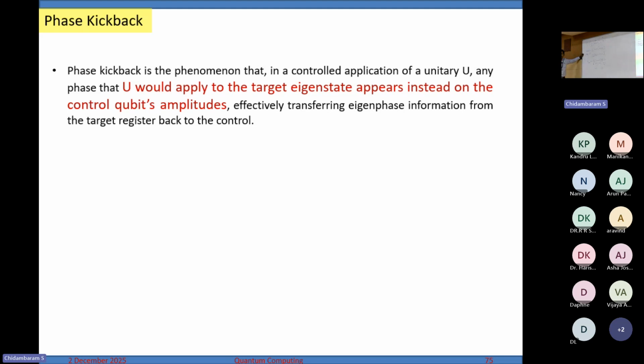It is the superposition 1 by root 2 (ket 0 plus ket 1). This is my control and this is my target. I take the tensor product, 1 by root 2 (ket 0 plus ket 1) with ket 1. Now this is my input to the operator. What is the operator? The CZ gate.